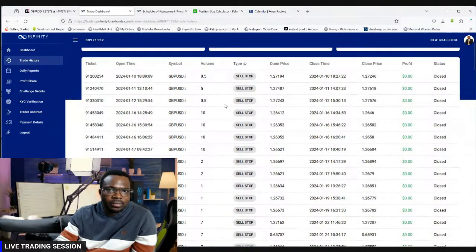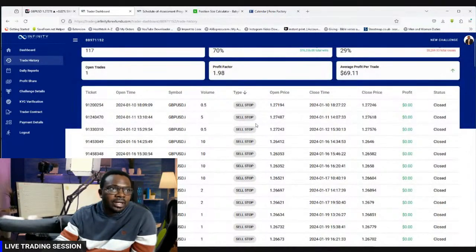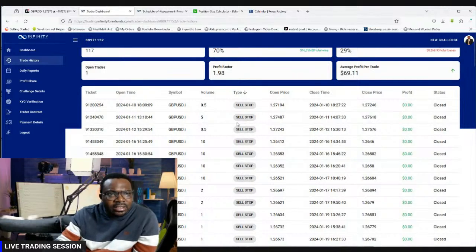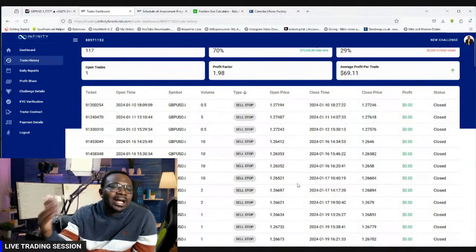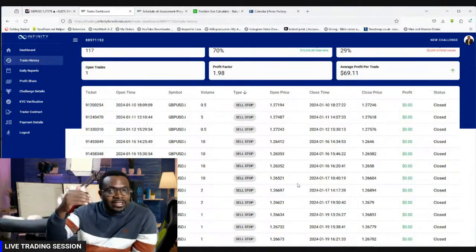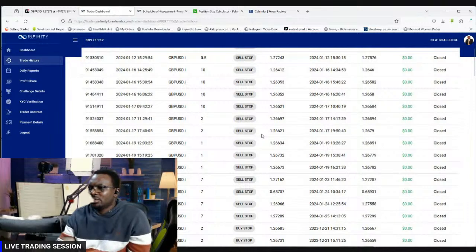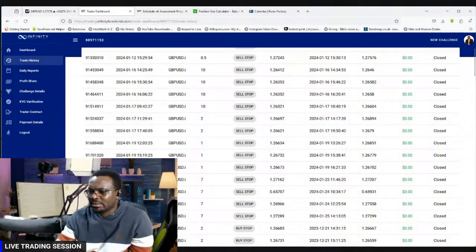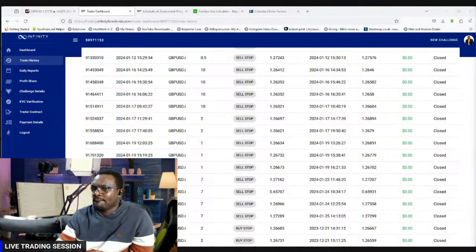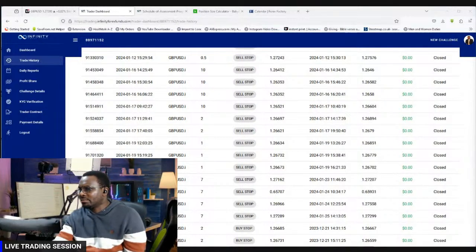So that's number one. Number two, I wrote them an email already. I'm waiting for them to get back to me. How are they calculating the total trades? Is it including the sell stop, buy stop, limit orders, or whatever it is? So I need an answer from them. If they say they add it in, then there's a problem. Why would they do that? Do you understand? I don't know if you guys understand what I'm saying. Do you guys get my point?